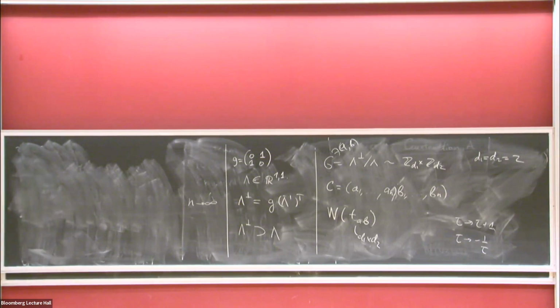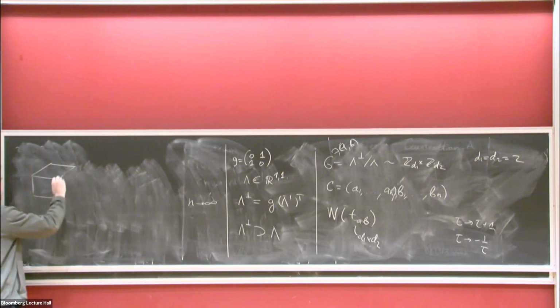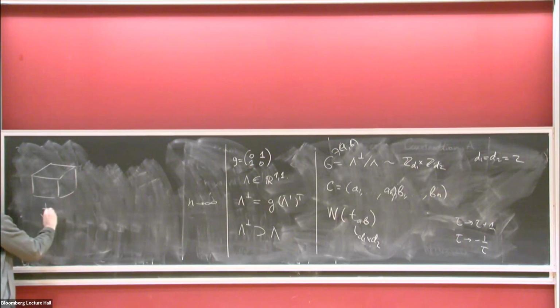Actually, I know the answer, and the answer is very simple. In the binary case, it means that I'm compactifying my scalar fields on a cube of size 1 over the square root of 2. And I have some sort of integer B field.